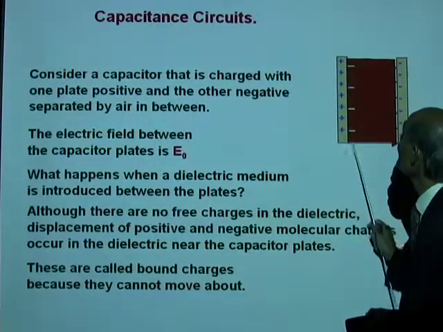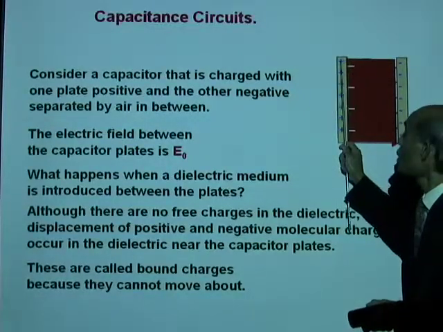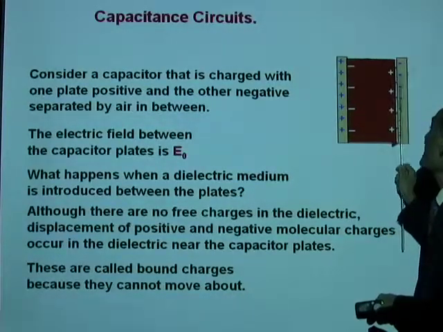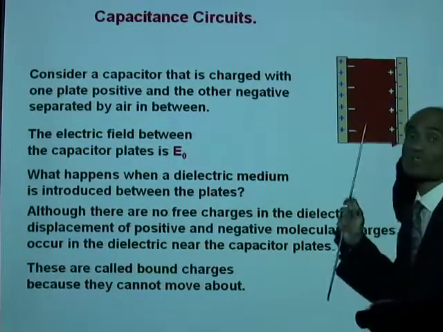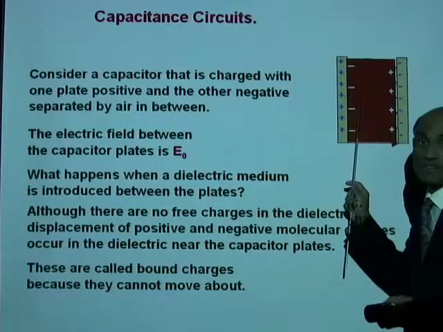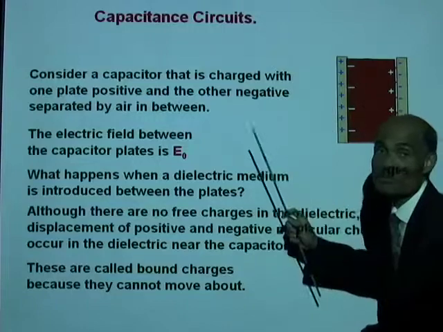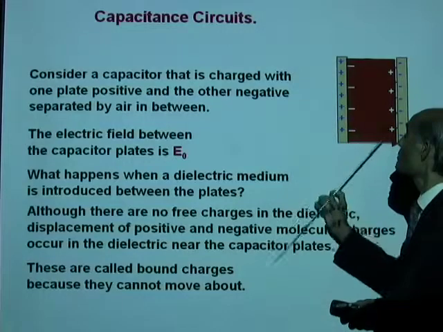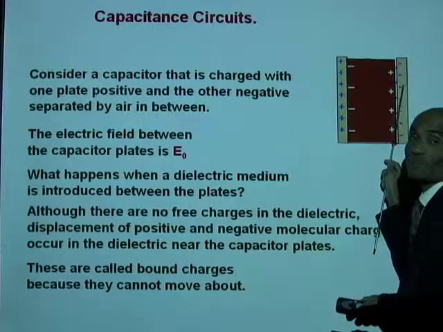Here you have the negative charges appearing on the side of the dielectric that is close to the positive plate, and positive charges appearing on the side of the dielectric that is close to the negative plate. What do you call these charges? The bound charges. These bound charges are now going to produce an electric field directed in the opposite direction to that of E0. Remember, before the dielectric is placed there, the electric field was from the positive plate to the negative plate.